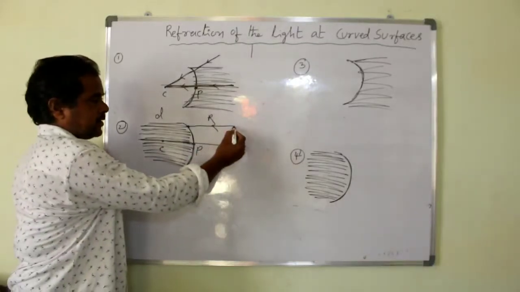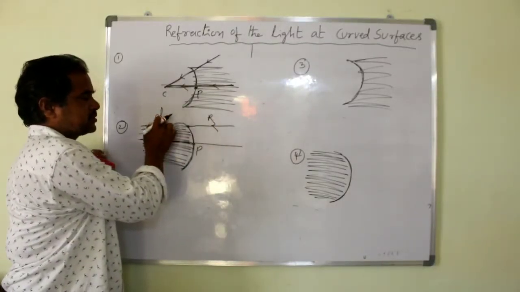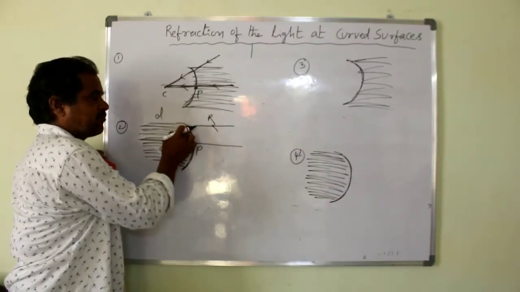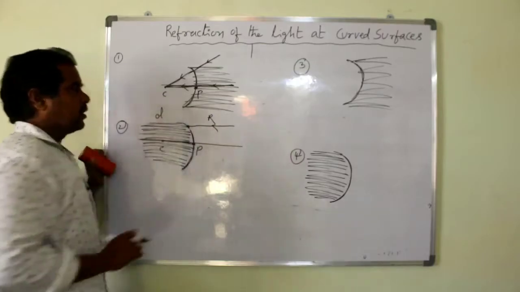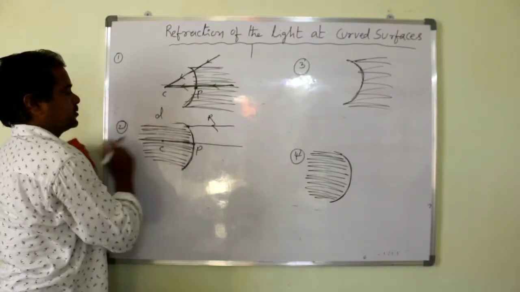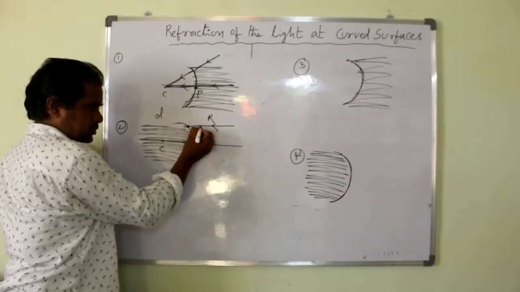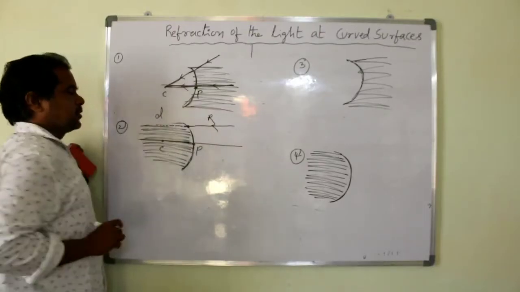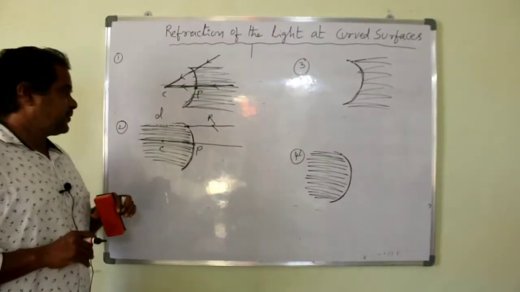Here one light ray passes from rarer to denser, moves parallel to the principal axis and is incident at any one point on the convex curved surface. What happens? So draw those lines in the same direction to understand the behavior of the refracted ray.